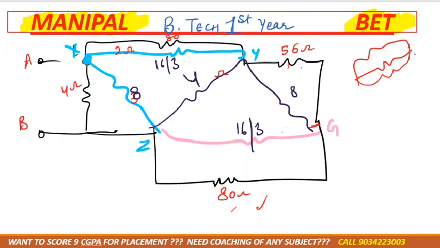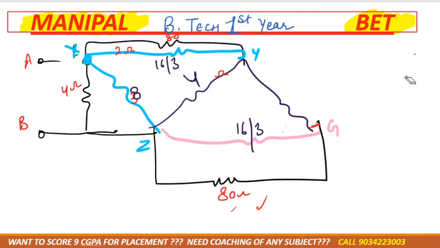Now we have to see what we can do further. This 56 and 8, you can see that these are in parallel. If we solve it, then again that would be eliminated, right? One combined resistance, I don't know the value.